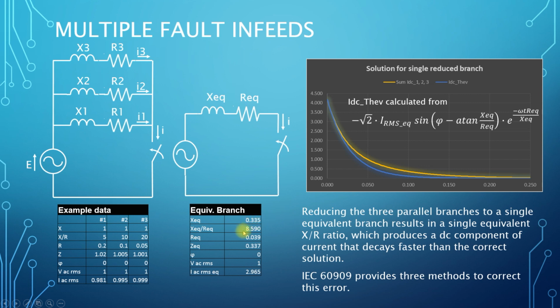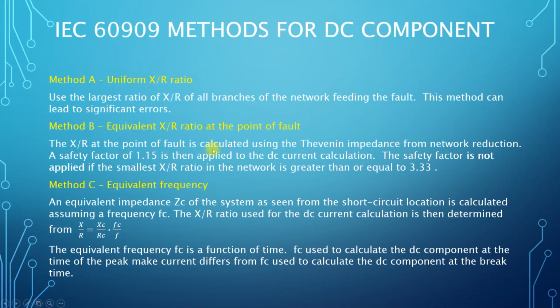It calculates an equivalent X over R for the reduced network, and then it says, okay, calculate the short circuit current, calculate the DC component of the short circuit current at the time you're interested in, and apply a factor of safety of 1.15. And this can still lead to significant errors.